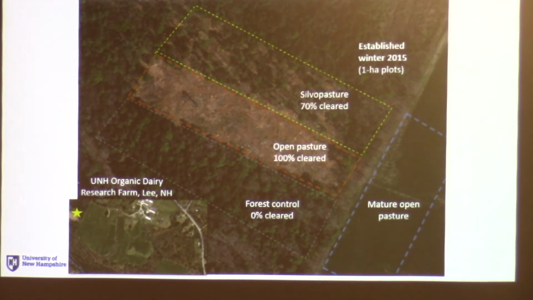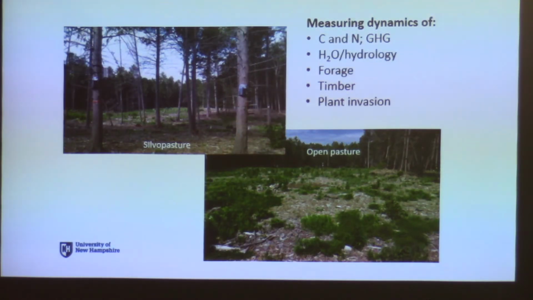At the UNH Organic Dairy, not too far from campus, we have established a very large-scale silvopasture experiment where we've created a silvopasture by clearing about 70% of the trees. We've also created an open pasture, right? And that's right up against our mature pastures where Andre was doing his work, so that we can track what happens over time through the establishment phase of this.